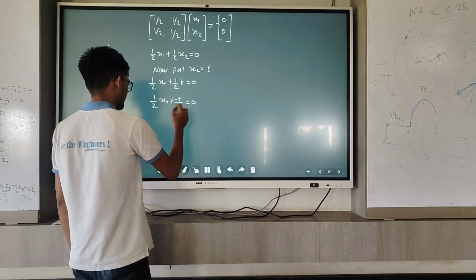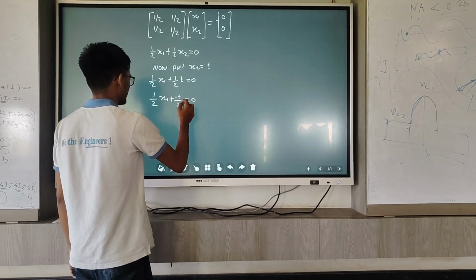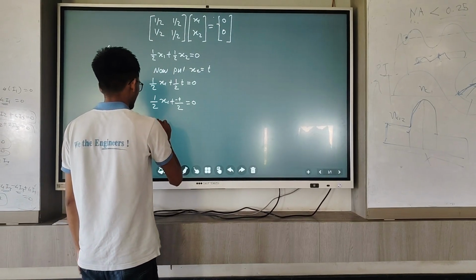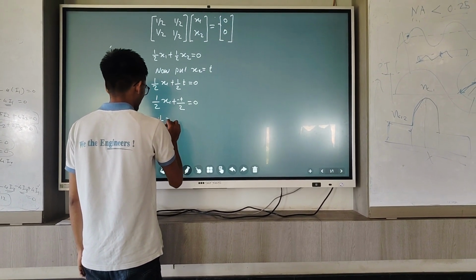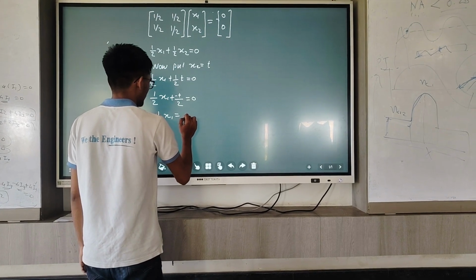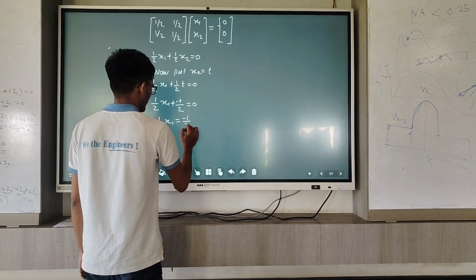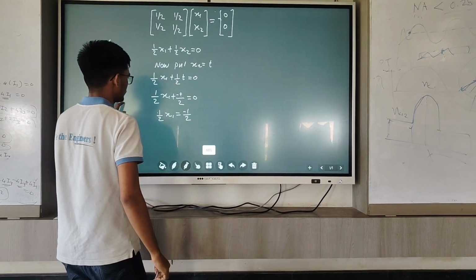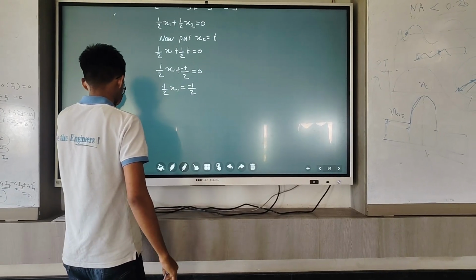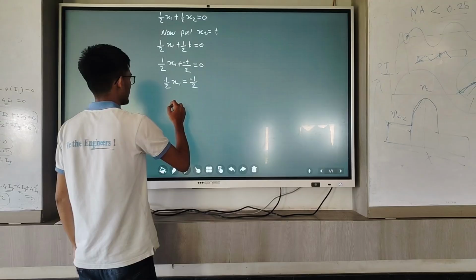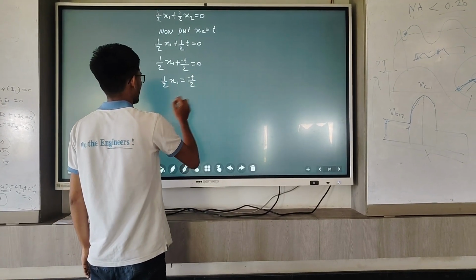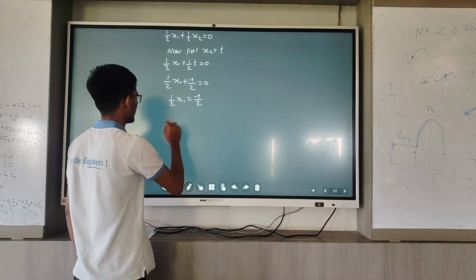Now we shift t upon 2 to the right side. Now we shift 1 upon 2 that side.